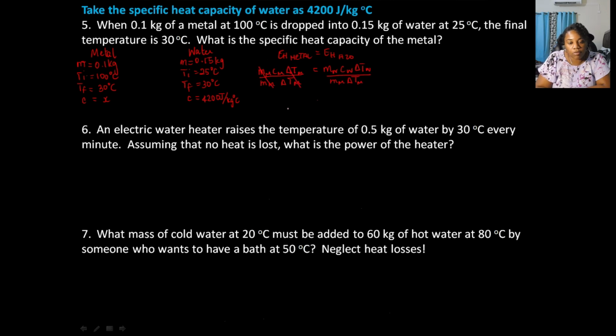So those cancel out. So c equals the mass of the water, which is 0.15 kilograms, times the specific heat capacity of the water, times the temperature change of the water. We worked that out, which would be 5 degrees Celsius.